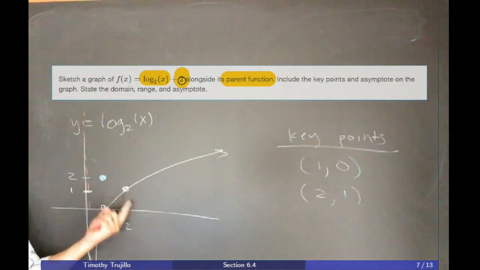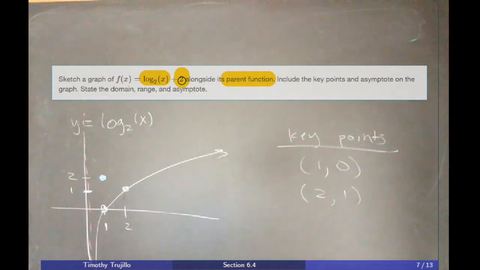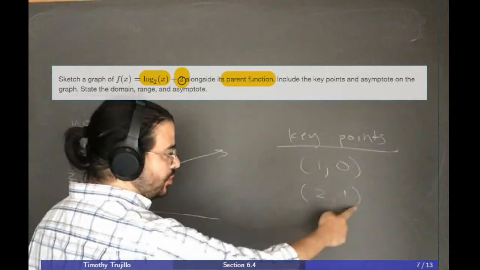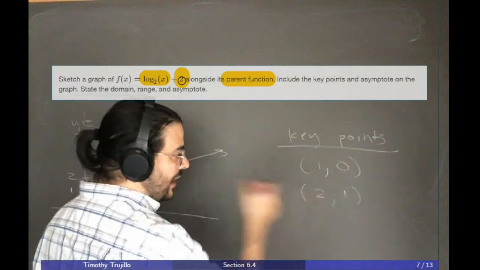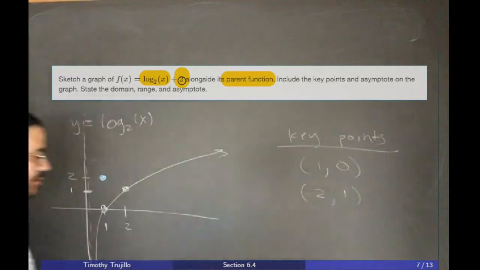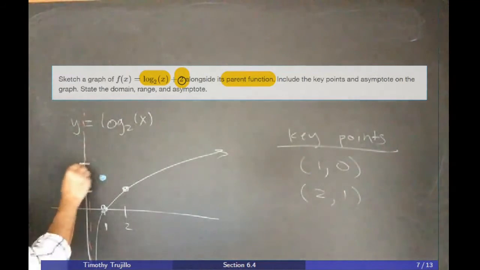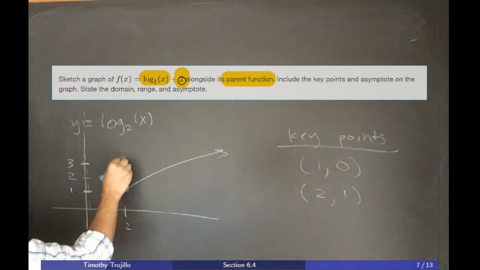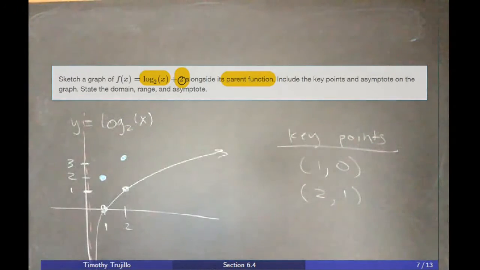What's the ordered pair for the new point? Yeah, it's going to be 2, 3, right? Because I increase this value by 2. The x stays the same, and the y value increases by 2, so it goes to the point 2, 3. So here's a y value of 3, and we go now up to the point 2, 3.